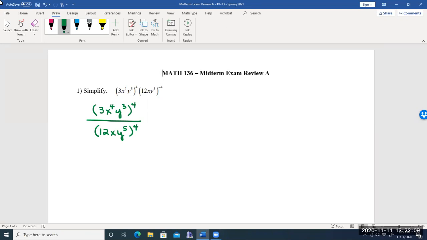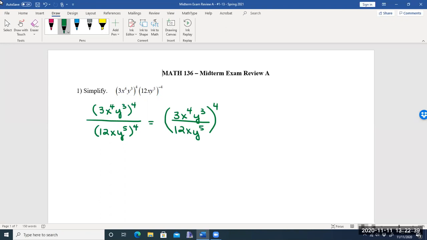And when you do that, the exponent of negative 4 becomes positive 4. Now, because these are the same exponent, it's not necessary, but if you want, you can make it a quotient raised to the fourth power, and you can reduce before you evaluate the exponents.